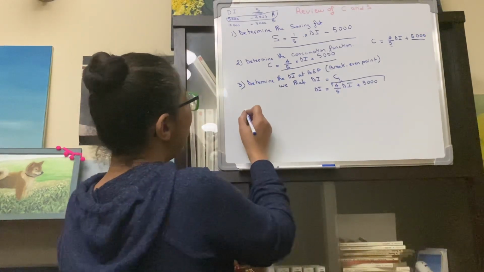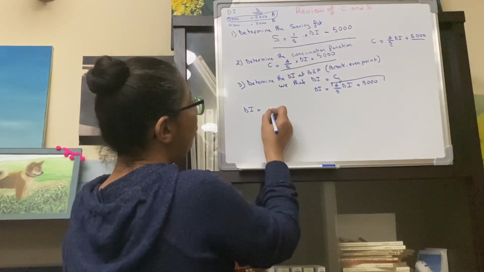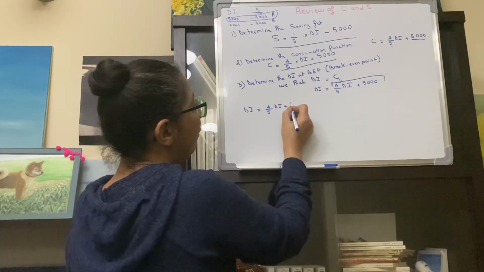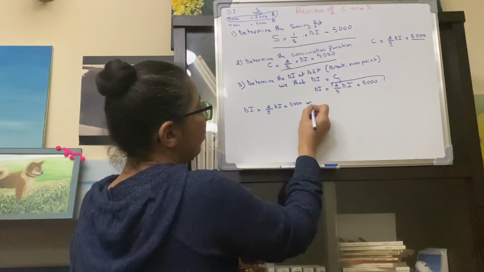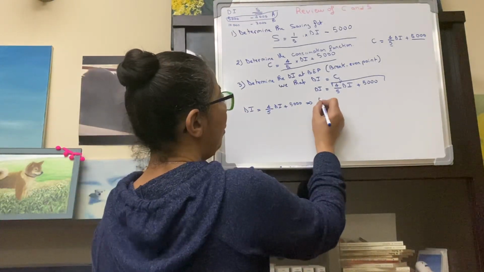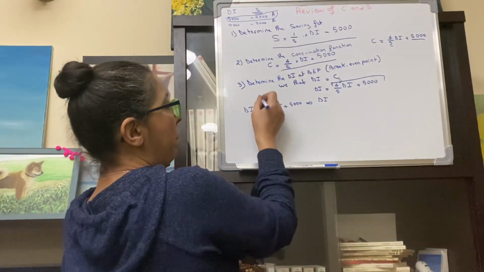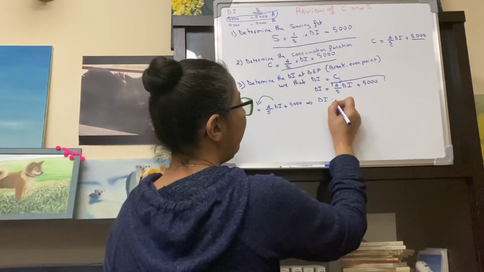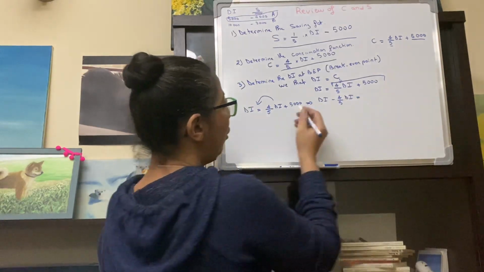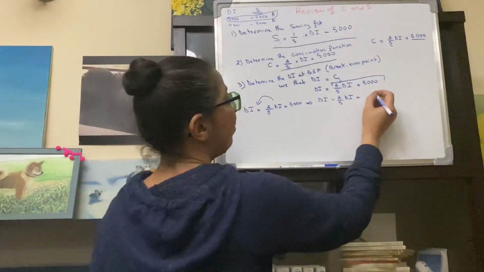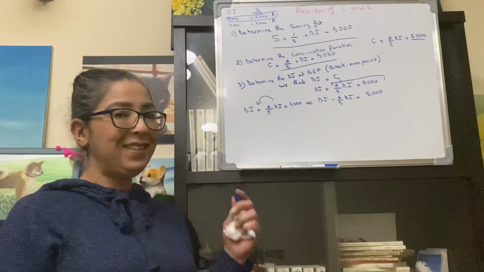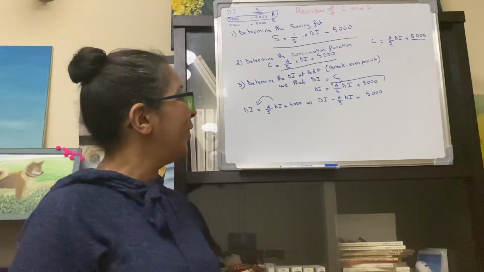Let's try it. So DI, I'm rewriting it, is equal to 4/5 DI plus 5,000. What can I do? Put the DIs together. Okay, so DI minus 4/5 DI is equal to 5,000. Do you agree on that? Yes, you do. I know you do.